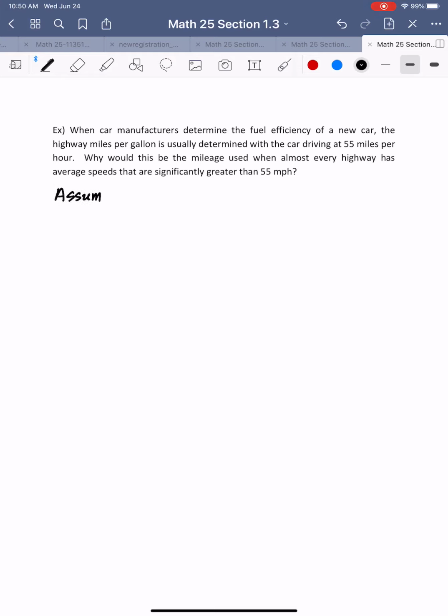So assume the function, we have to have a given function. I don't think we can create the function with this kind of information.